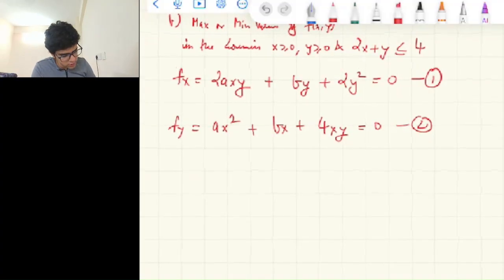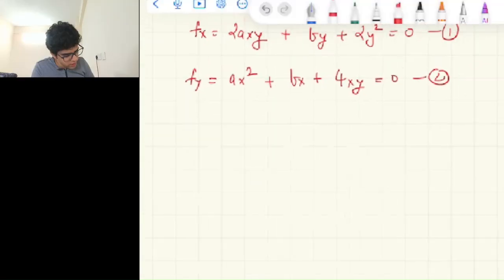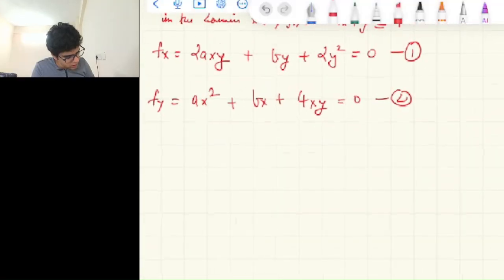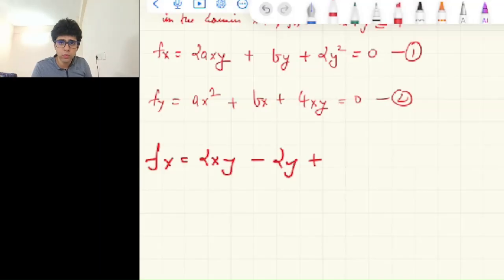I'll now be substituting the values of a and b in fx and fy. So fx turns out to be 2a, a was 1, so this becomes 2xy plus b, which was minus 2, so minus 2y plus 2y square. The 2y square will remain as it is.